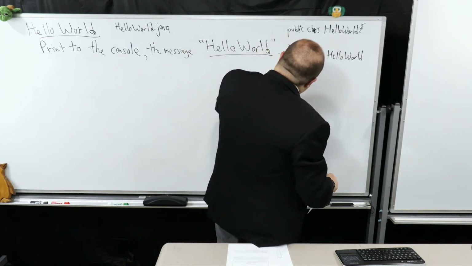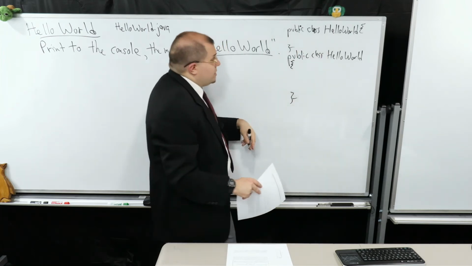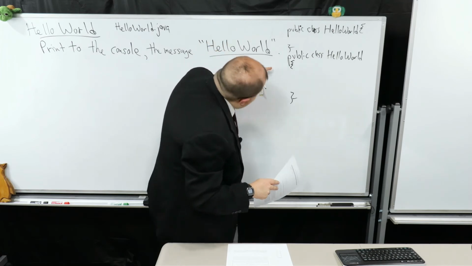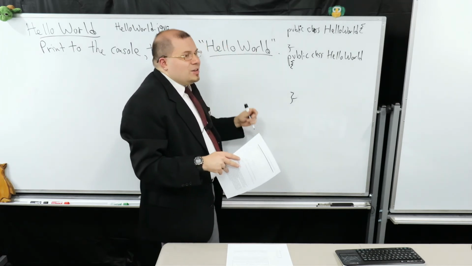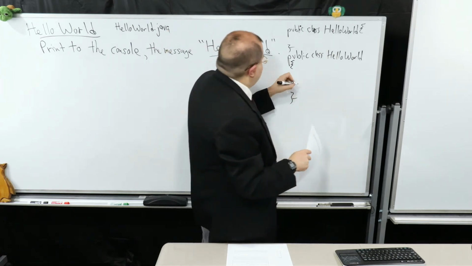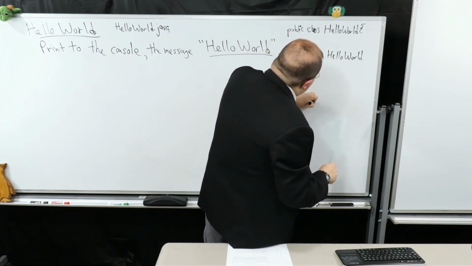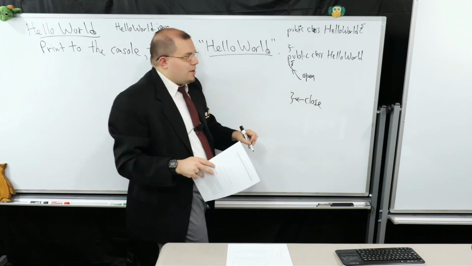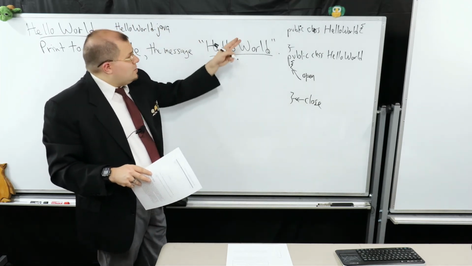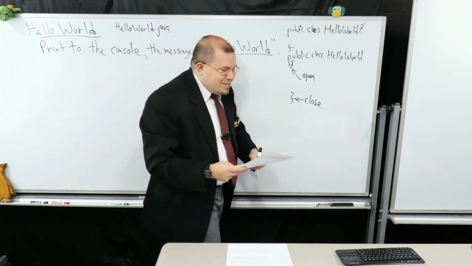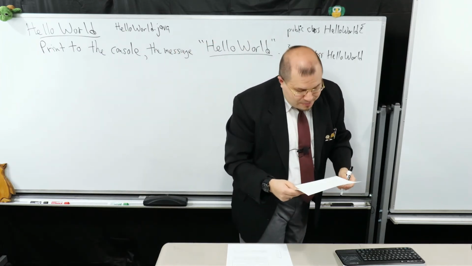For example, you could put the curly brace starting on the next line. It's not too terribly picky, as long as these curly braces are left, then right, open, then close. So this is open, and this is close. As long as those exist, you're okay for the most part. You can pick one of these two conventions, as long as you stick with it. It's a good idea to pick a convention and stick with it.